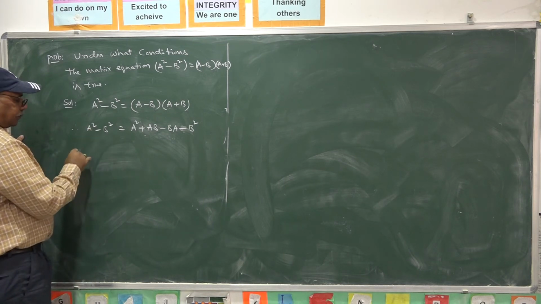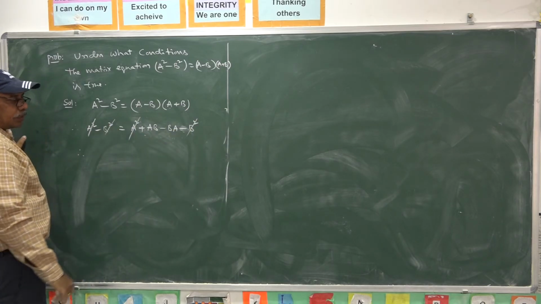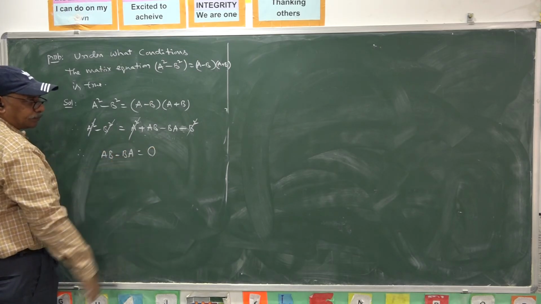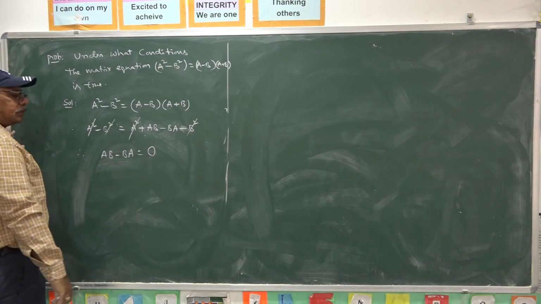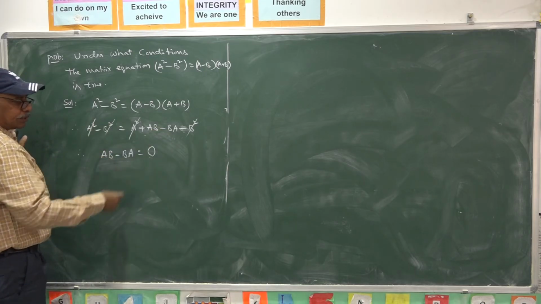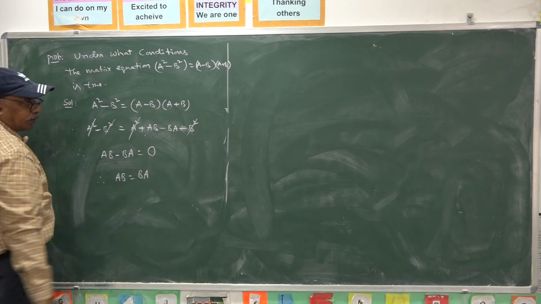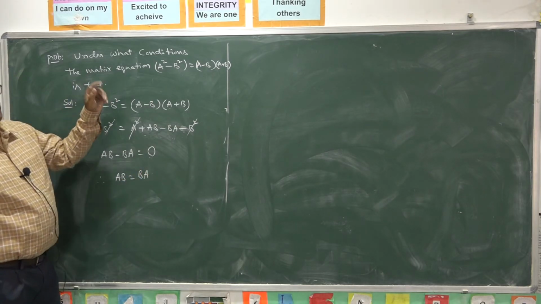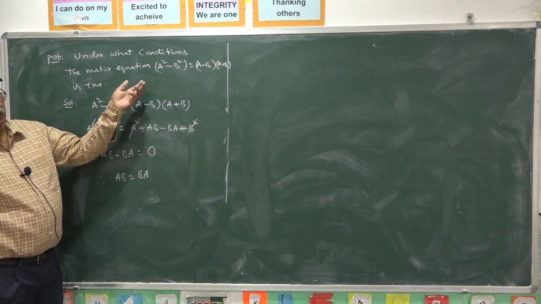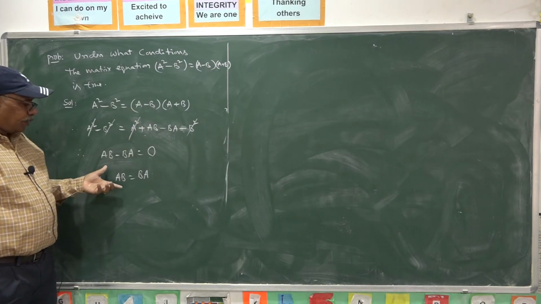So, you can cancel A square and minus B square on both sides, so that we get AB minus BA is the null matrix. Here O stands for the null matrix. AB minus BA is the null matrix. Therefore, AB equal to BA. You can factorize A square minus B square as A minus B into A plus B as and when AB equals BA.